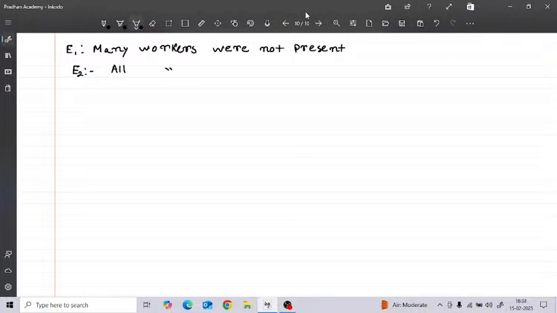Let E1 represent the event that many workers were not present. Event E2 denotes all workers are present, and event E denotes work gets completed on time.